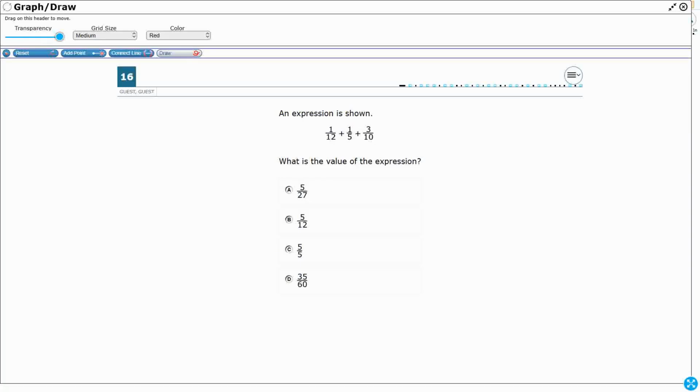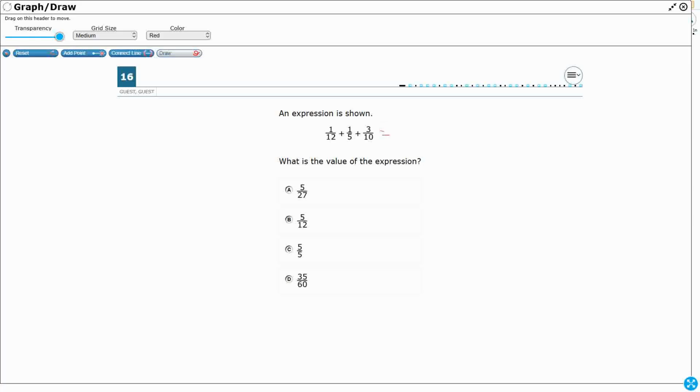Please, let's not do this. And watch what happens. If I just add straight across, 1 plus 1 plus 3, 5. 12 plus 5 is 17, plus 10 is 27. This is not how fractions work. Yet 29% of our students, almost 3 out of 10, are going to add straight across. This is not how we add fractions.